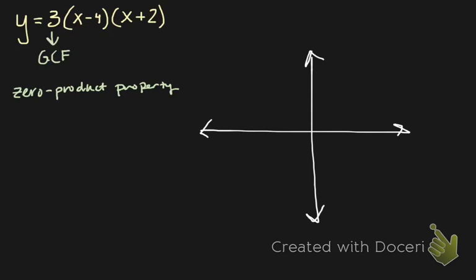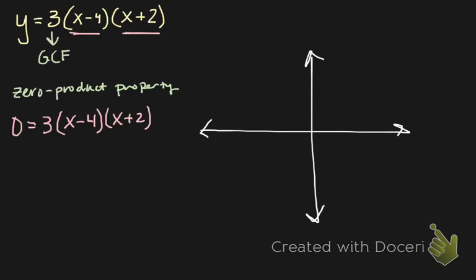And all the zero product property is doing is telling us to take each one of these binomials separately and set them equal to 0, because when we are solving for the x-intercepts, our y coordinate is going to be 0. And so we really have 0 equals 3 times the quantity x minus 4 times the quantity x plus 2.